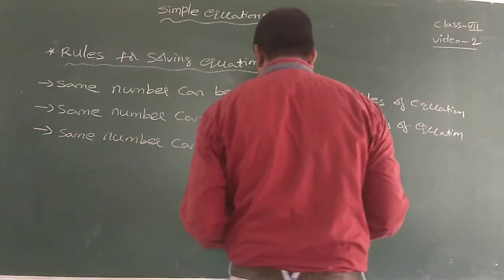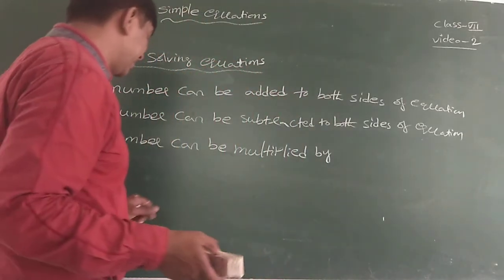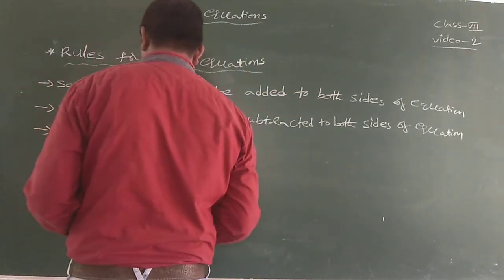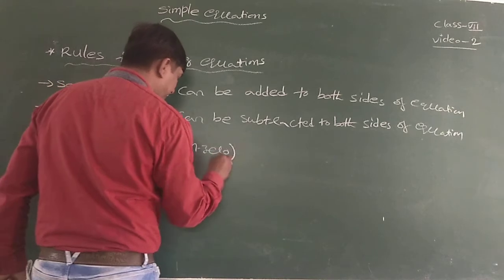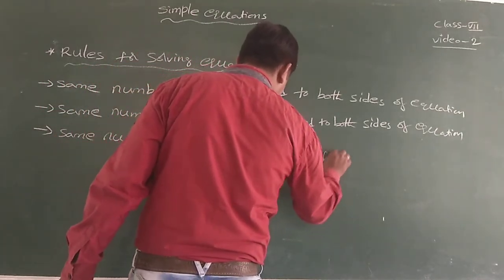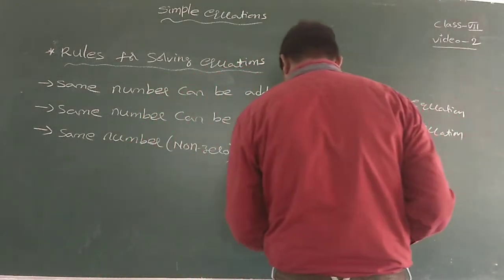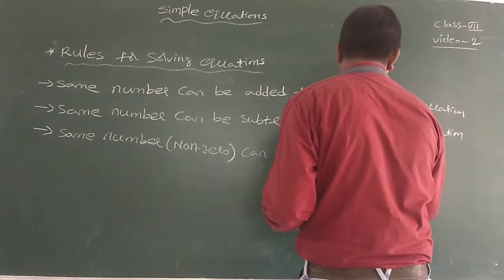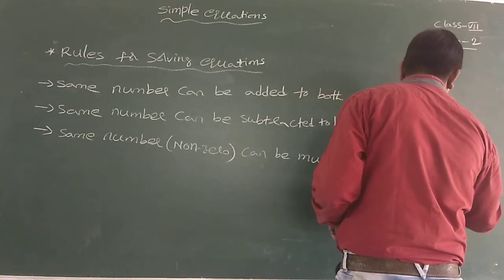Same number can be multiplied. Same number means here a non-zero number, other than zero. Same number can be multiplied to both sides of the equation.